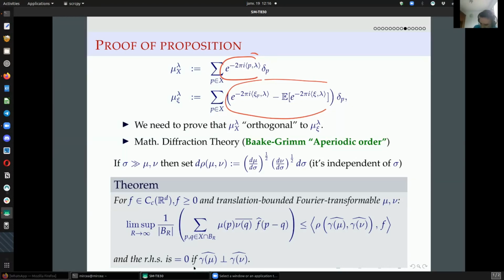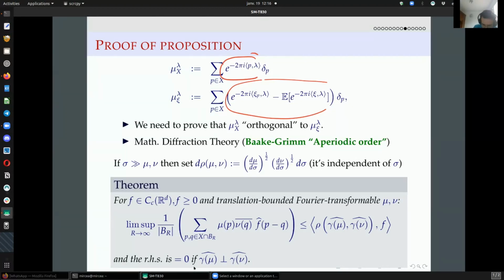Then this lim sup is controlled by the Hellinger distance of the diffraction measures of mu and nu tested against f. And it's easy to see that this Hellinger distance is 0 if the two diffraction measures are mutually singular measures.